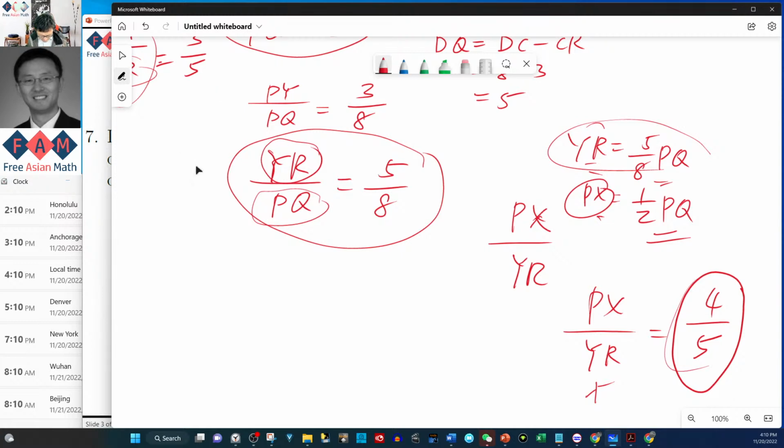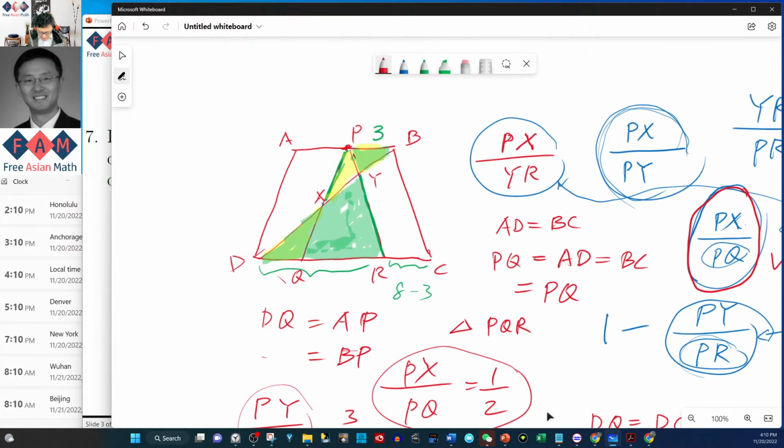This problem is pretty interesting. Essentially, we use the same earlier result twice to figure out PX and PY. But once you figure out PY, you can get YR. That's it. Nothing significantly tougher, but you do need to recognize the connection.